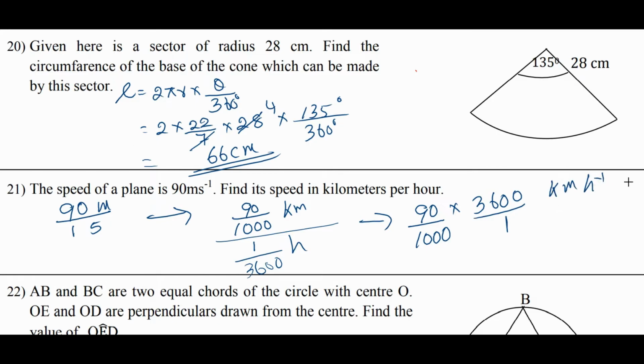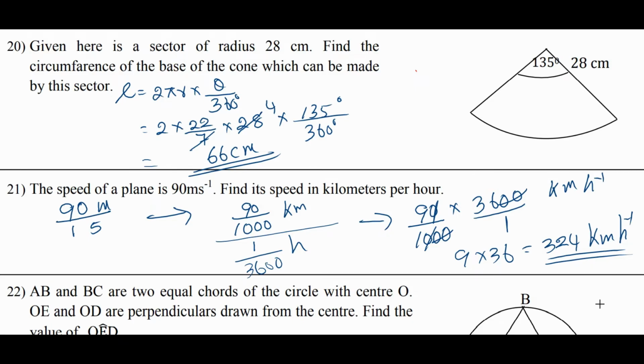Then you can cancel those. Then you will have 9 into 36, which equals 324 kilometers per hour. So 90 meters per second is equal to 324 kilometers per hour.